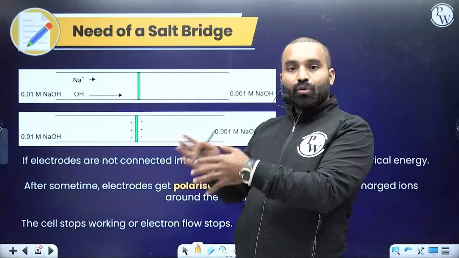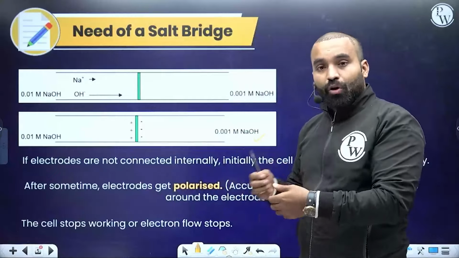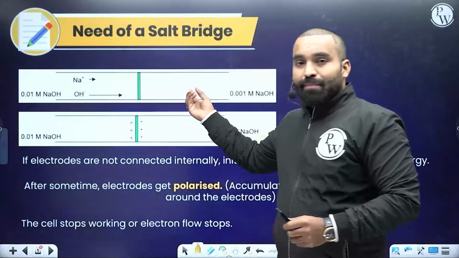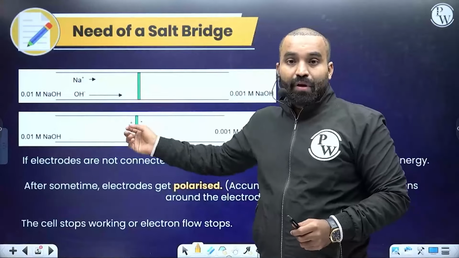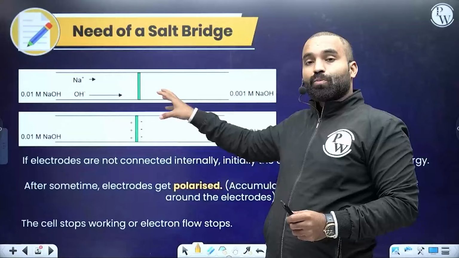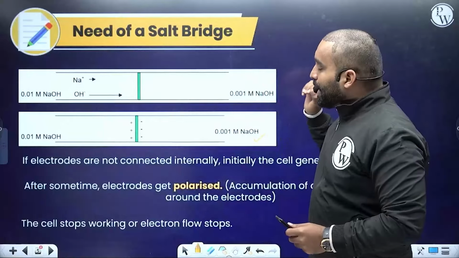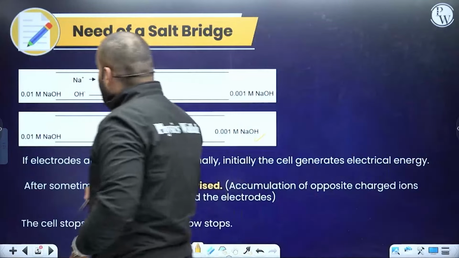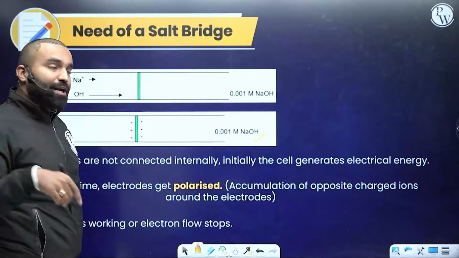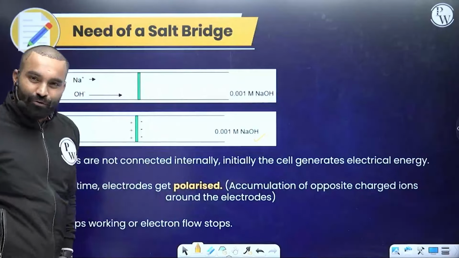Both will try to move around and pass through this membrane. You shouldn't think that only the solvent molecules will pass. Na+ and OH- are also allowed to pass through this. Now, if you check the speed of ionic mobility of these two, they are very different from each other.